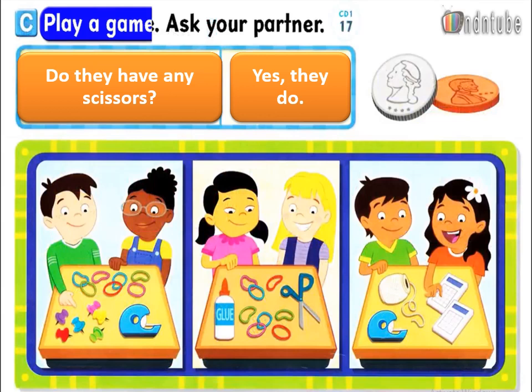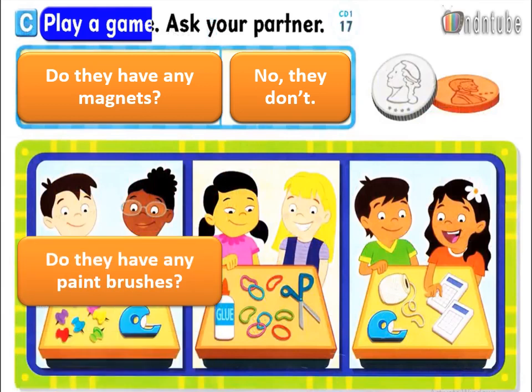Can you see scissors? The answer is yes, they do. Very good. Next, do they have any magnets? Can you see magnets? The answer is no, they don't, because they don't have magnets.